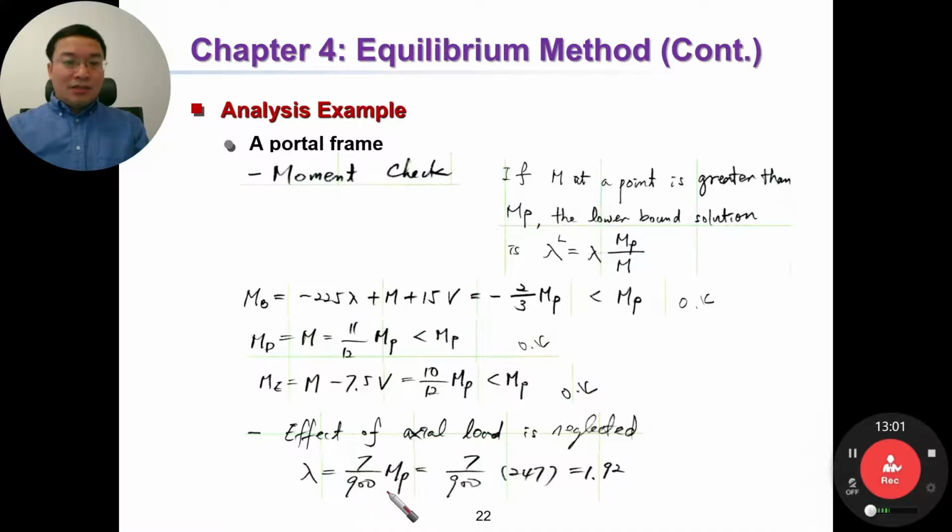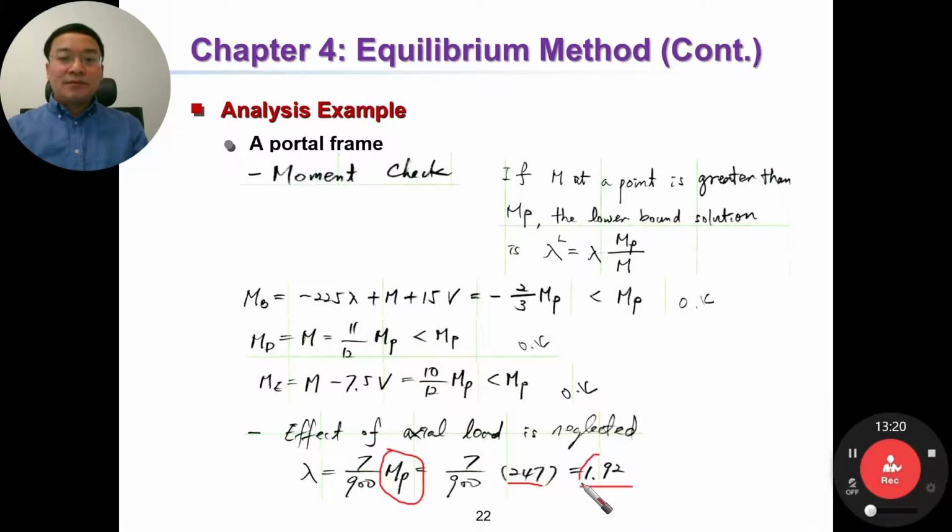Lambda equal to this one, because MP of the given section is 247. Then finally we have lambda equal to 1.92.